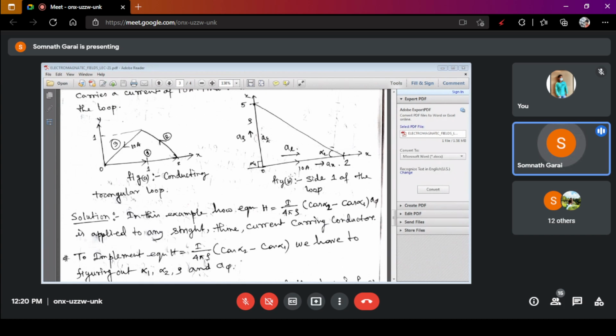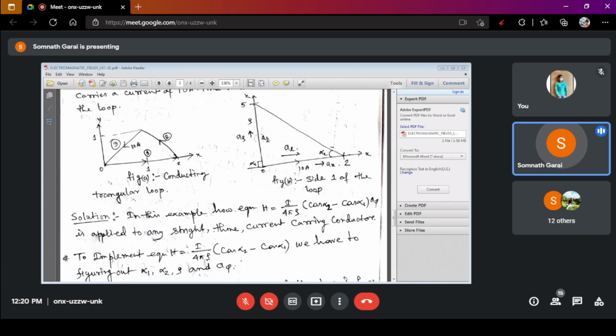So we have to connect the desired point and the starting point of the current flow, and we connect the desired point and the ending point of the current flow. The desired point is 5, the starting point of the current is this O point, and the ending point of the current is this 2 point.